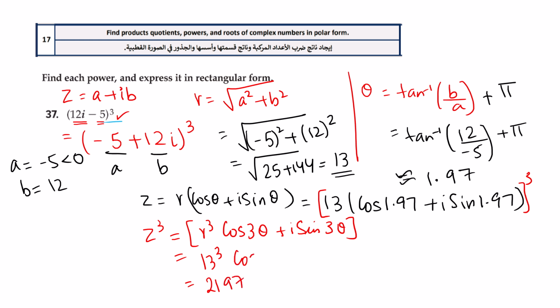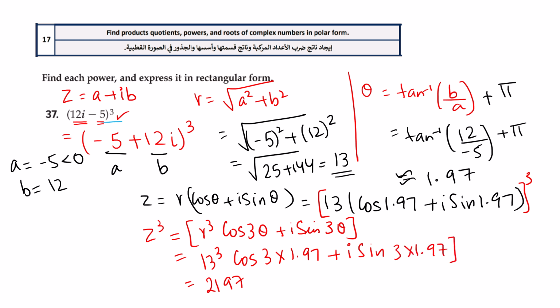Then for the angle we multiply by 3, so 3 multiplied with 1.97 plus iota sine 3 multiplied with 1.97.